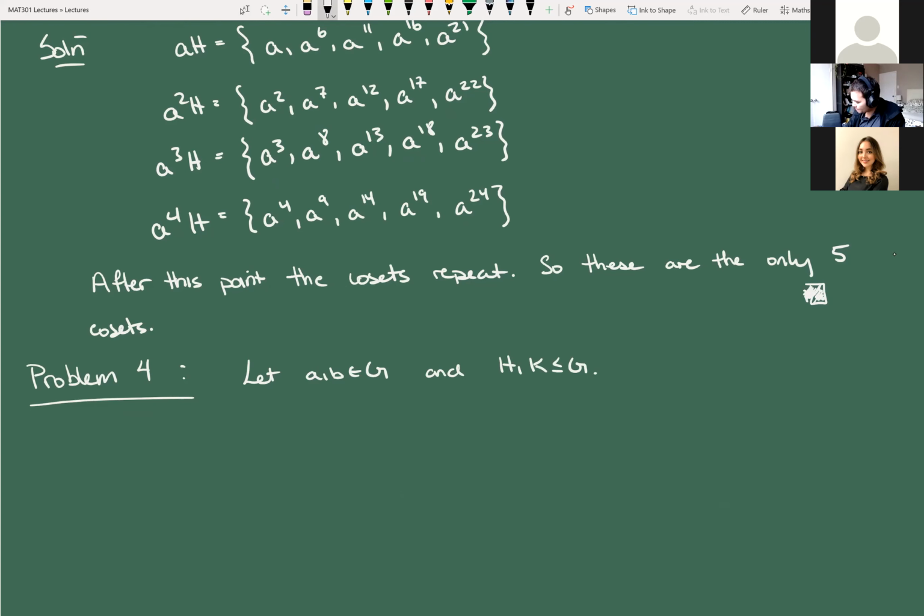We're going to show that if AH equals BK, then H equals K. Now, the reason why this is weird is we don't normally do this, right? We don't normally talk about a coset of H being equal to a coset of K. That's not something that we've done so far. So our usual approach and our usual technique to this isn't necessarily going to work.